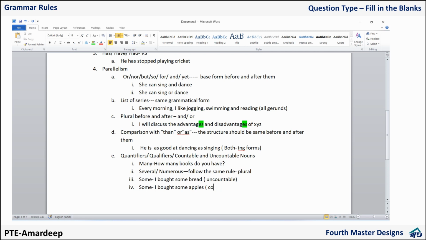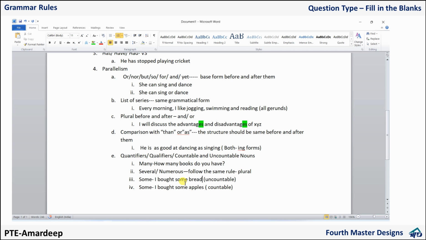Now if I tell you whenever you get some, write plural, then when the word is apple, you can write apples because some is there. But bread is uncountable. You can say one loaf of bread, one piece of bread, or one packet of bread. That is a different thing. But if you have just the word bread, then you cannot write breads. I bought some bread.